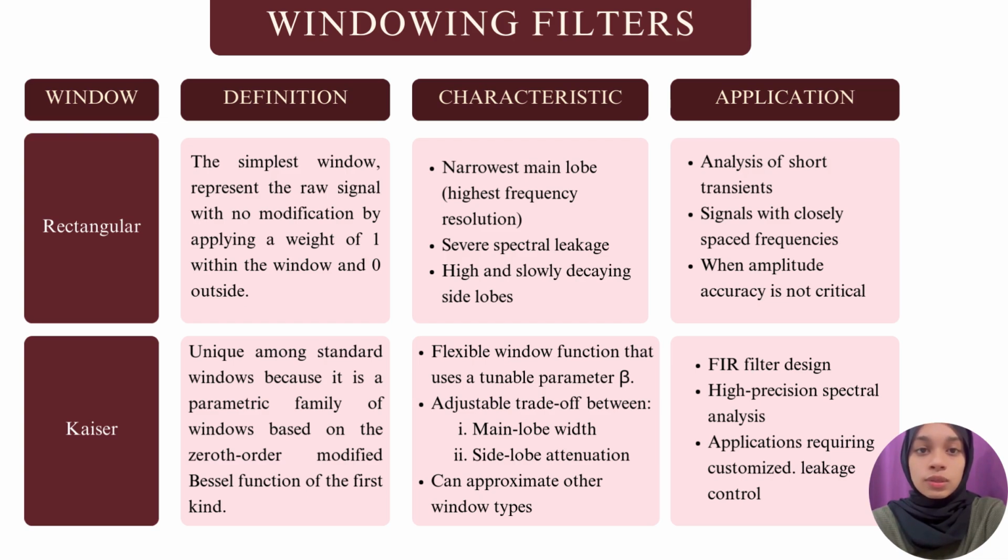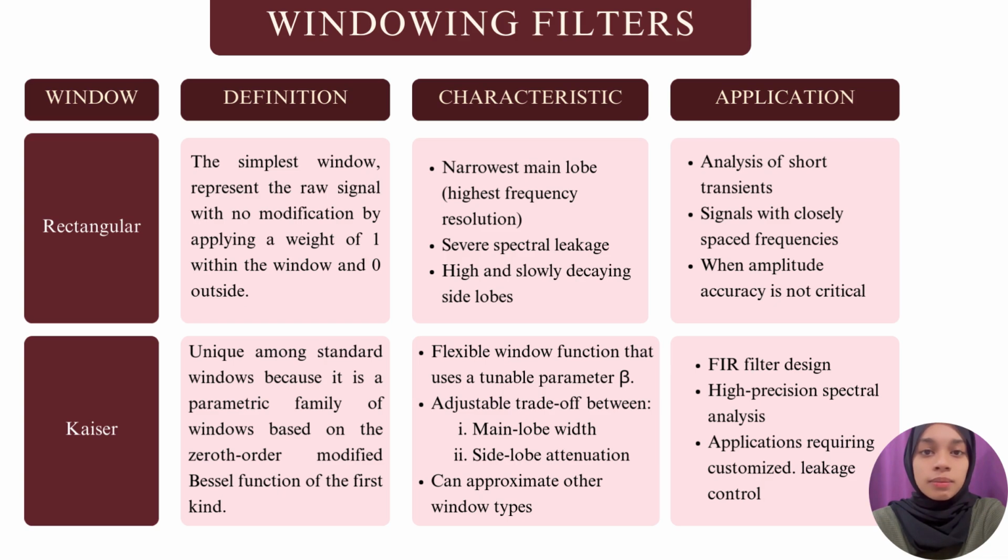It includes a tunable parameter, beta. Characteristic of Kaiser window: the beta parameter allows the user to control the precise trade-off between the main lobe width and side lobe attenuation. By increasing beta, the side lobe levels are reduced at the cost of a wider main lobe.